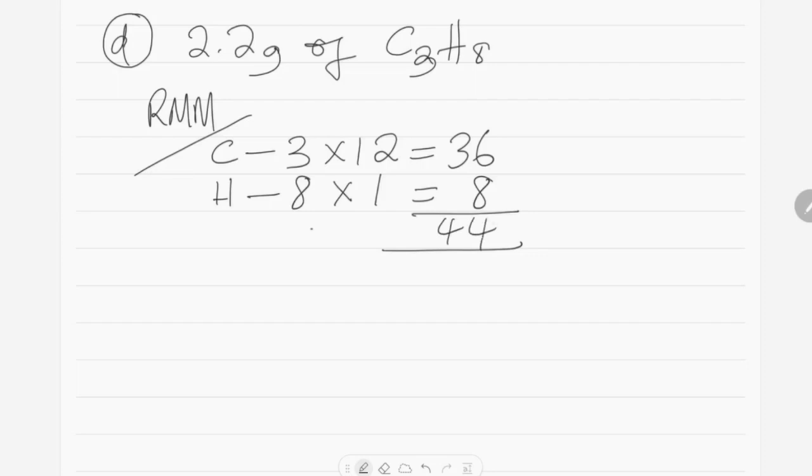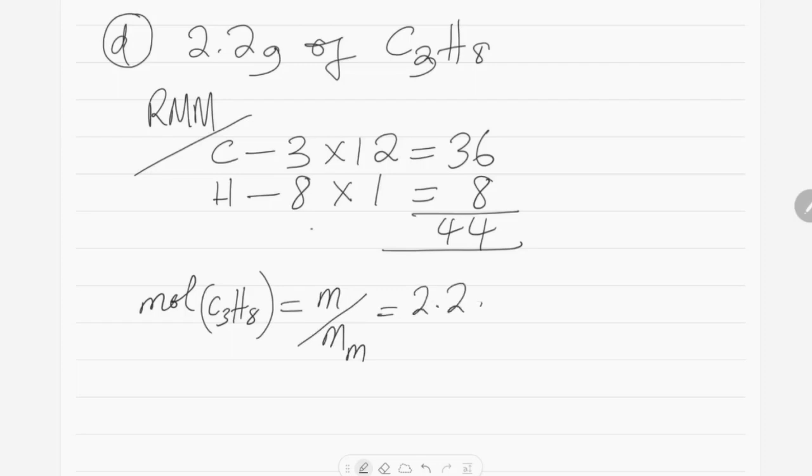So now that we know the relative molecular mass, we can easily find the moles. The mole of propane is equal to mass over molar mass. The mass given is 2.2 grams divided by the molar mass, which is 44 grams per mole.